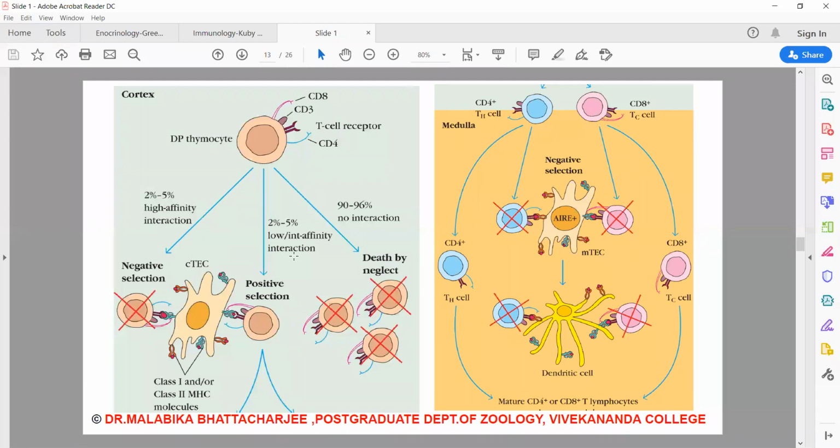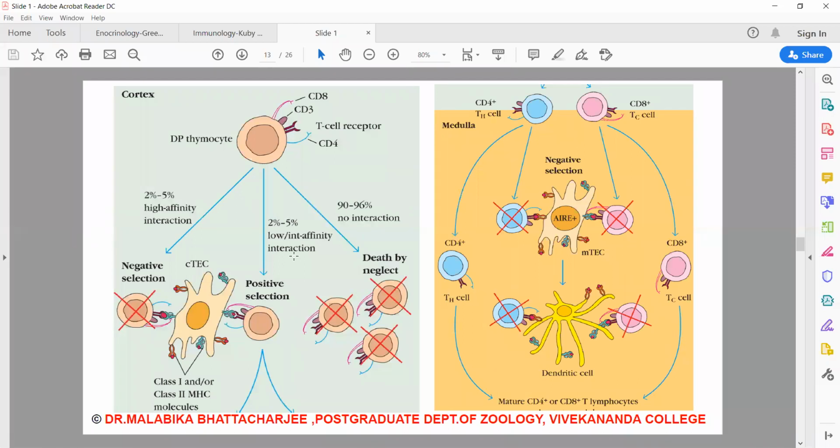Now let us see how this actual selection is done, how it is that either the CD4 receptors or the CD8 receptors are activated. There are three hypothetical models for this.